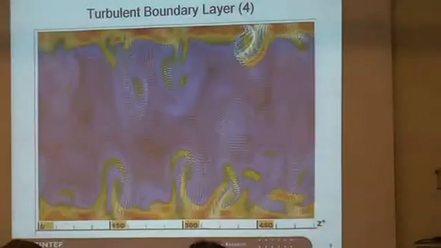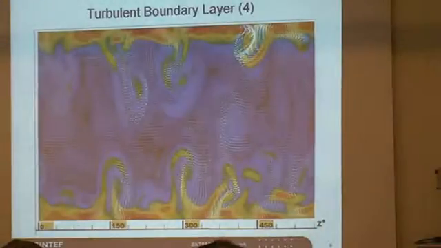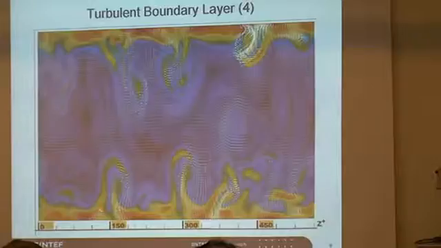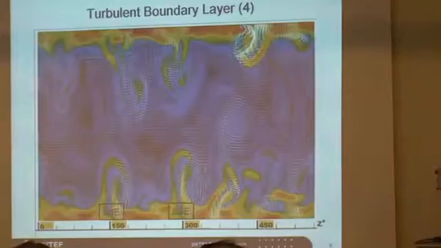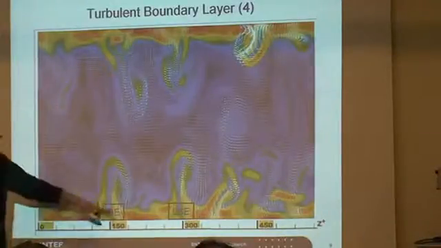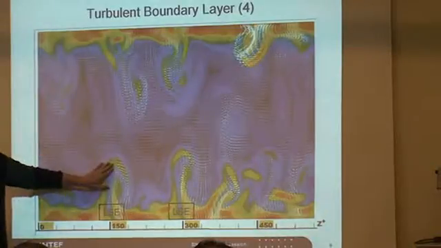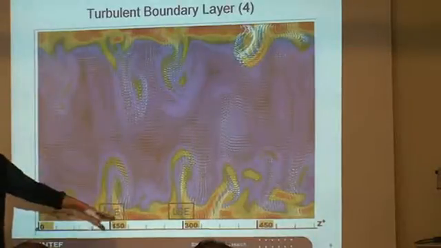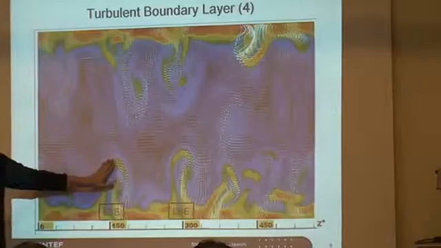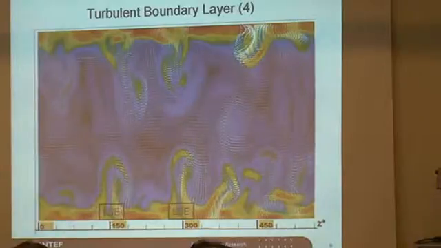Here we see the flow is into the plane. We see examples of these structures. We have these vortexes here, and the low speed ejection, as we call it. Between two counter-rotating vortexes, you have ejection of low speed fluid towards the center line. So low speed fluid from the boundary layer comes into the higher speed fluid here.